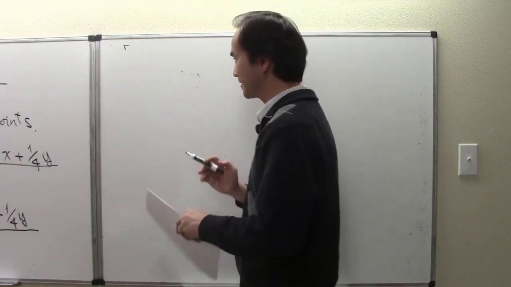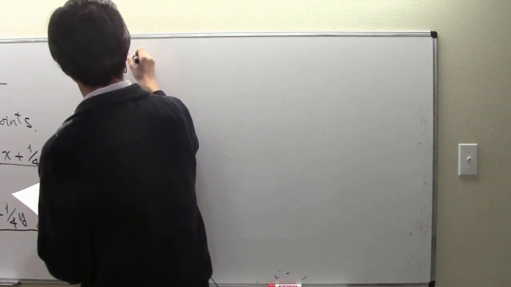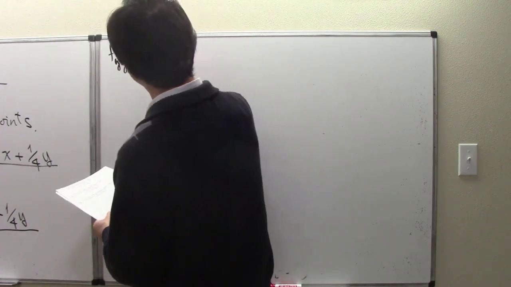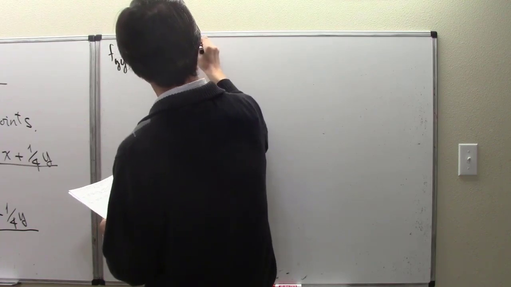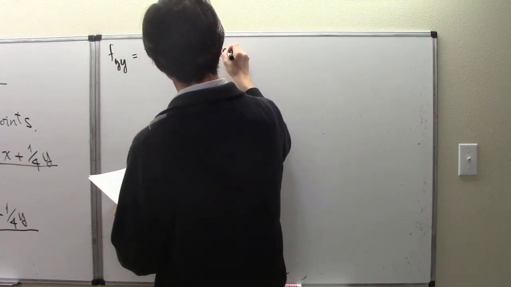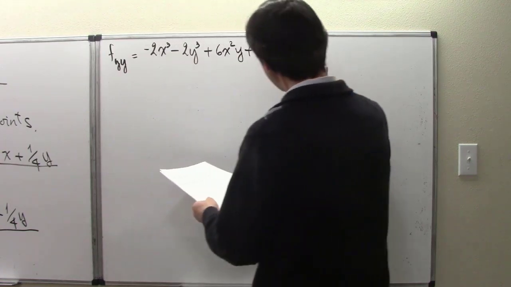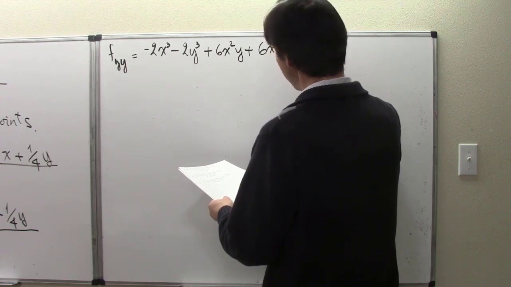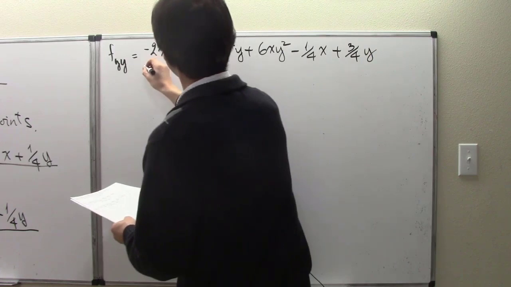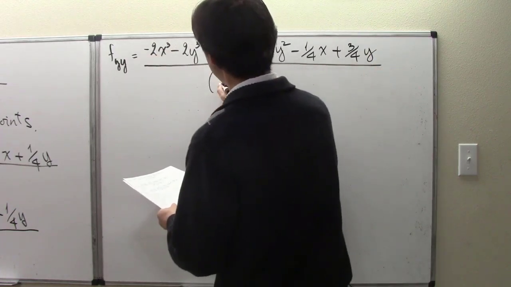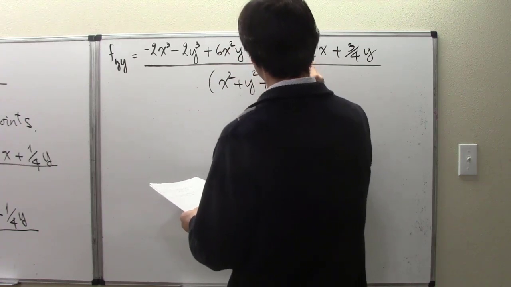And now for f_yy, the last one that we need: minus 2x cubed minus 2y cubed plus 6x squared y plus 6xy squared minus 1/4 x plus 3/4 y, and divide all that by x squared plus y squared plus 1/8, all cubed.